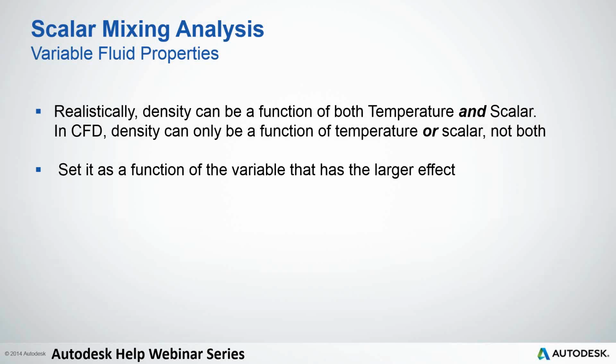So the user will set the density to be a function of the one that has the larger effect on it. If scalar has a larger effect on density, then you will set the density as a function of scalar. And if temperature has a larger effect, then you would set the density to be a function of temperature and not scalar. So that is very important to note.